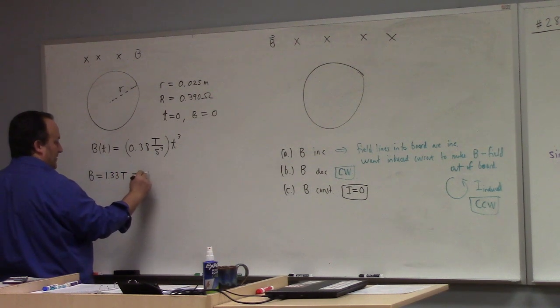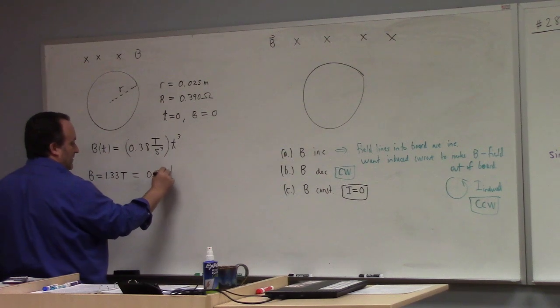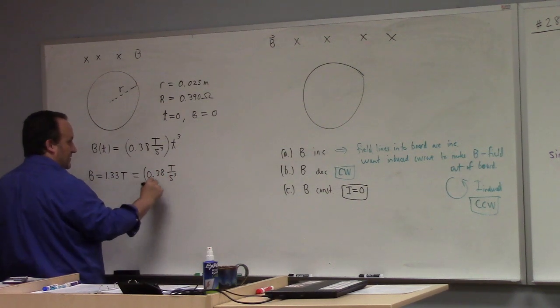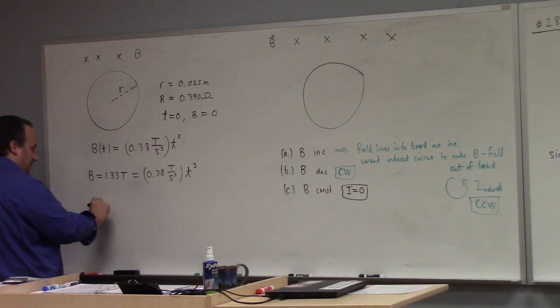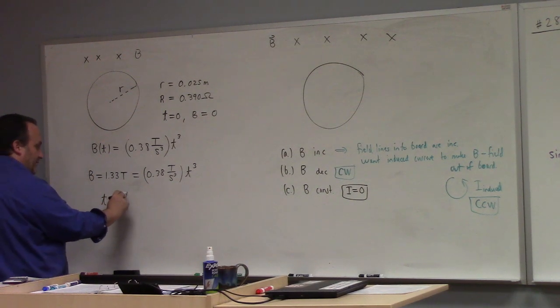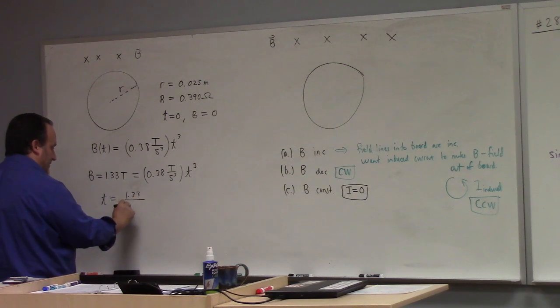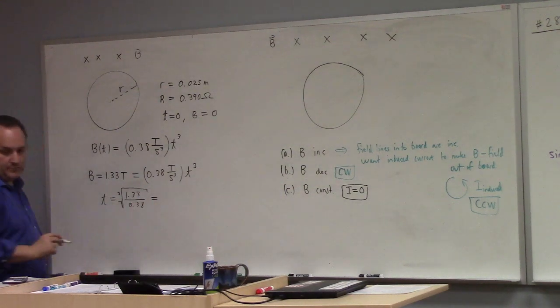We can solve that, right? B is 0.38 Teslas per second cubed times t cubed. So let's figure out what time that is: 1.33 divided by 0.38, and cube root that. That's the time we're interested in.